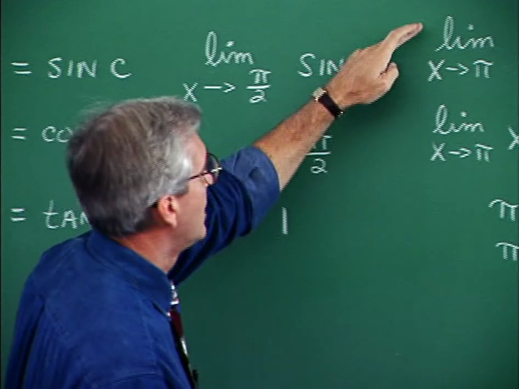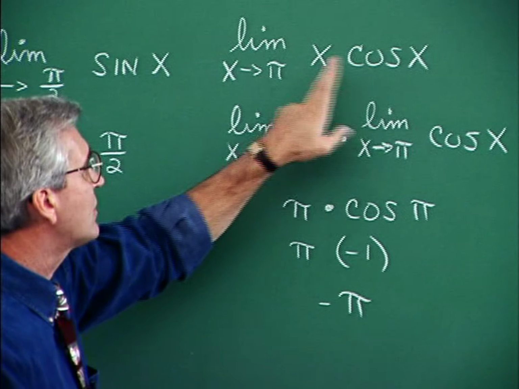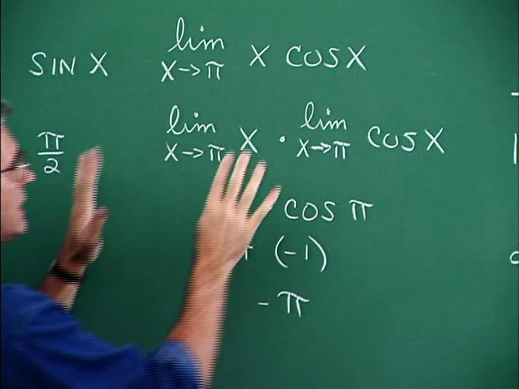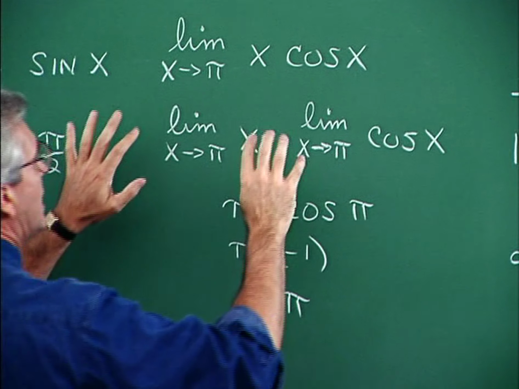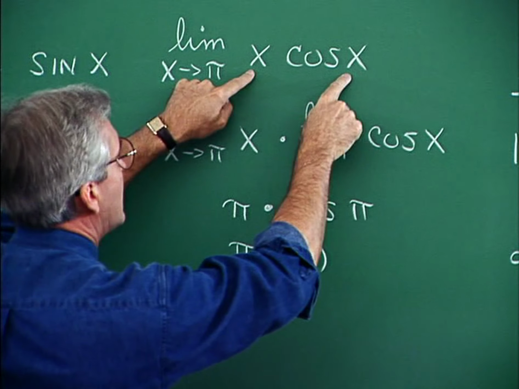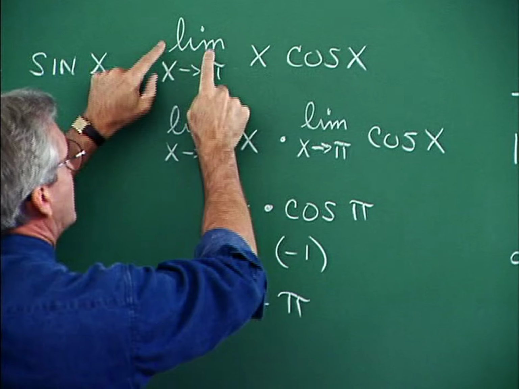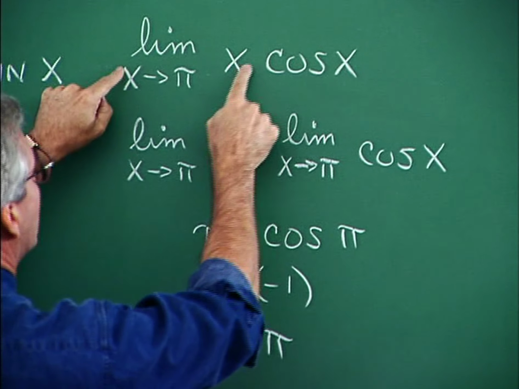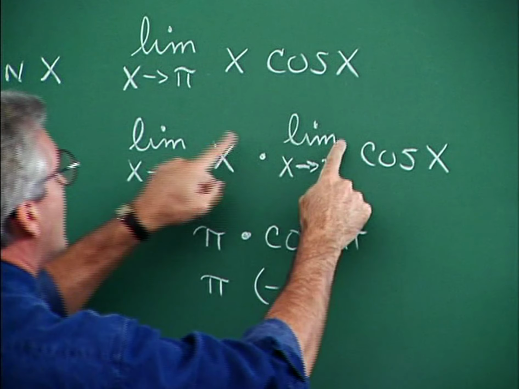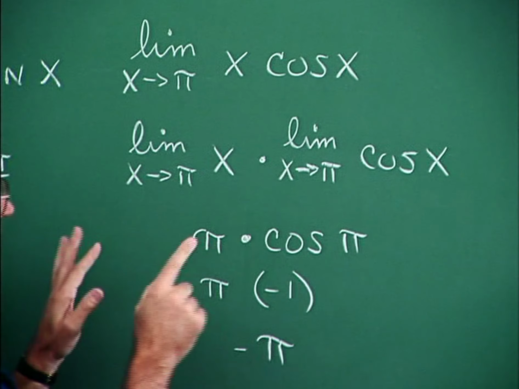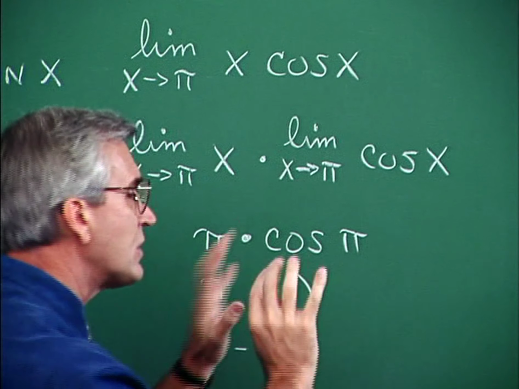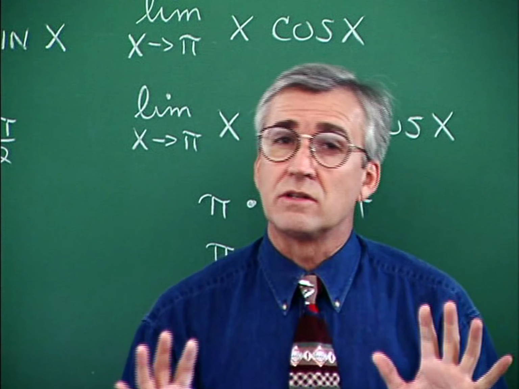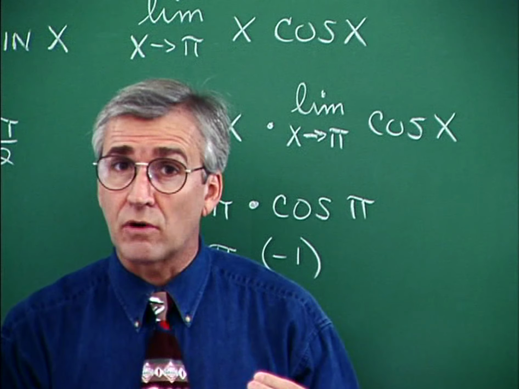If we're thinking about the limit as x approaches pi of x cosine x, just replace the x's with pi. You can separate the thinking into this is x times cosine x. So instead of the limit of a product, we can think of the product of limits. You see, we can think of the limit of this factor times the limit of that factor. Sometimes that conscious separation into the product of 2 separate limits is kind of helpful in the manipulation process later.